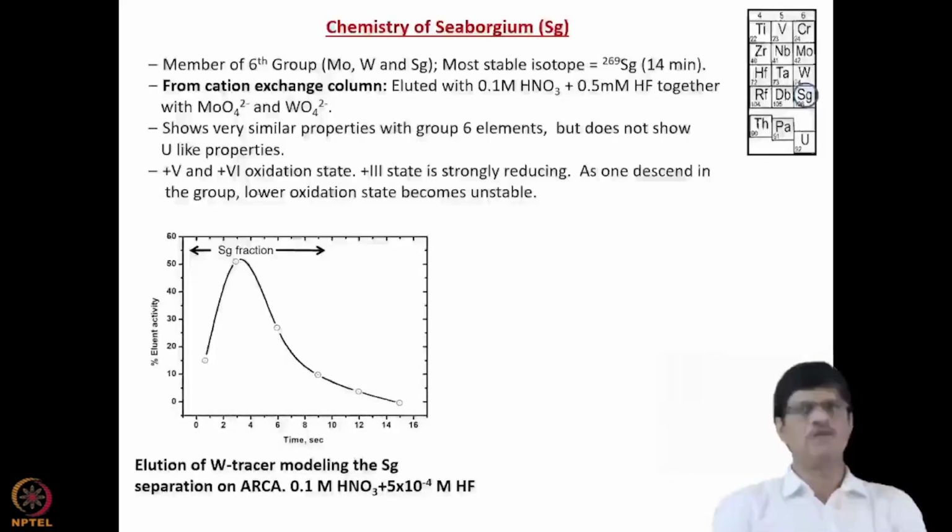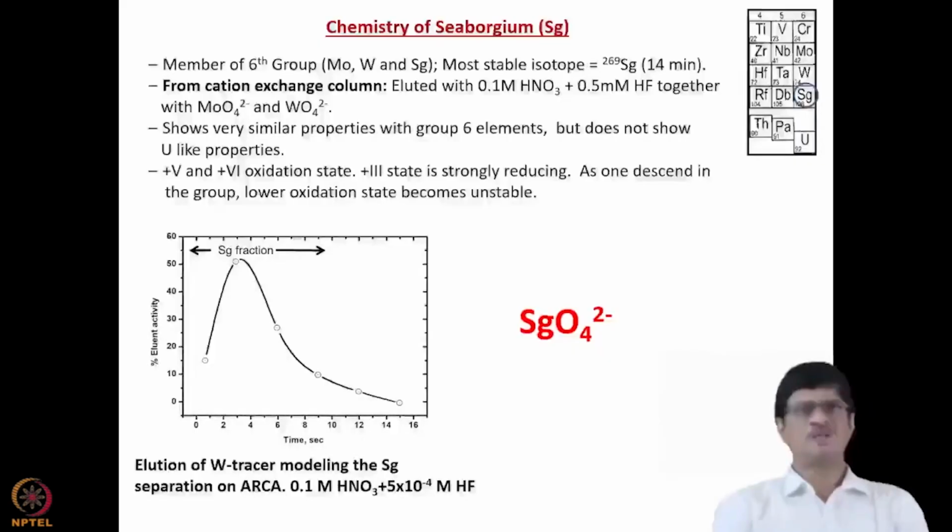These are eluted along with the seaborgium, suggesting that seaborgium may also form species like SgO4 2-, an anionic species, but seaborgium does not follow the chemistry of uranium. This was very clearly proven.